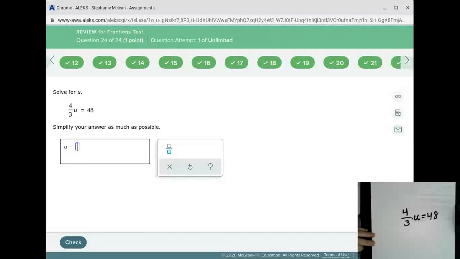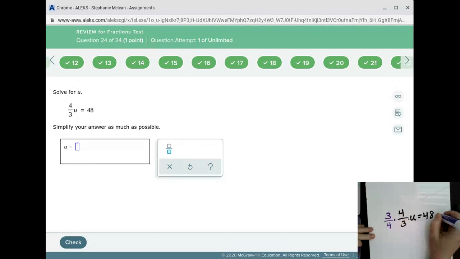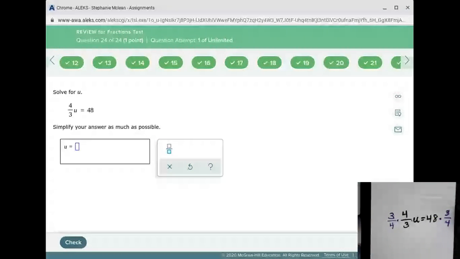So I'm going to multiply both sides by the reciprocal of 4/3, which is 3/4. So multiply both sides by 3/4. A reciprocal times its corresponding fraction, they go away and just become 1.